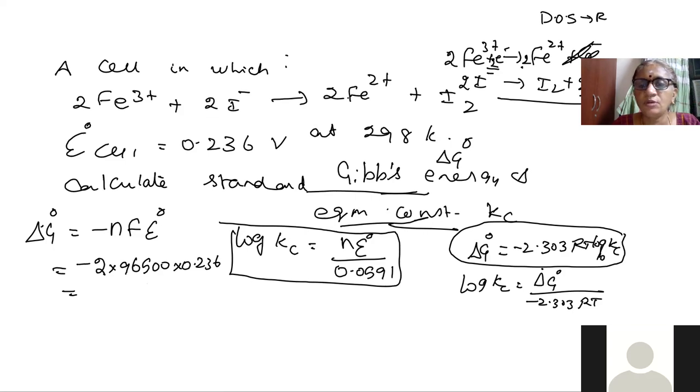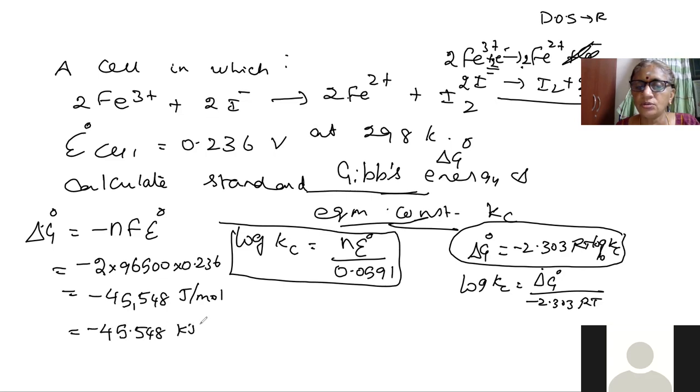No response from your side. 2 into 96,500 into 0.236 is minus 45,548 joules per mole. Or when you divide by 1000, minus 45.548 kilojoules per mole will be the del G naught.